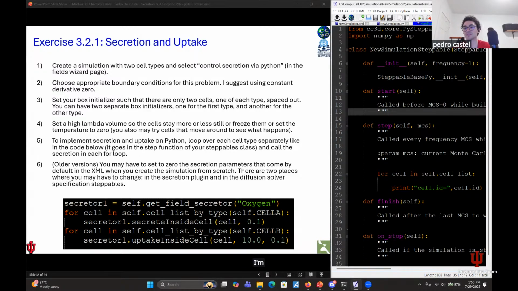I just have one Python script. Is the syntax different? No, it's the same syntax. If I want to create a new simulation file all over, do I have to use the wizard? No, you do not have to use the wizard.